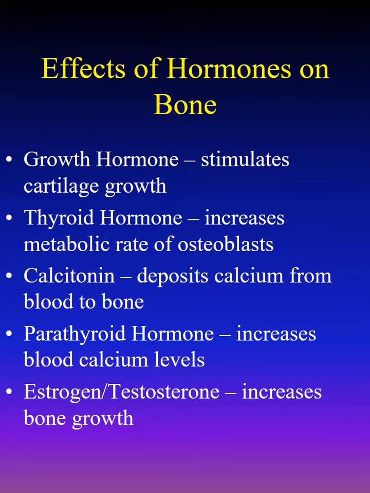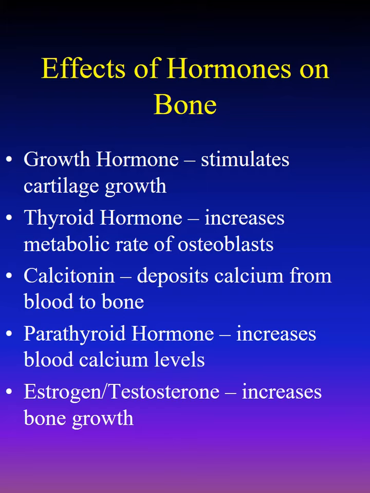A third hormone is calcitonin, and this is secreted by the thyroid gland in response to higher levels of calcium within the blood. This calcitonin then will encourage calcium deposits from the blood into bone, and thus inhibit osteoclast activity.